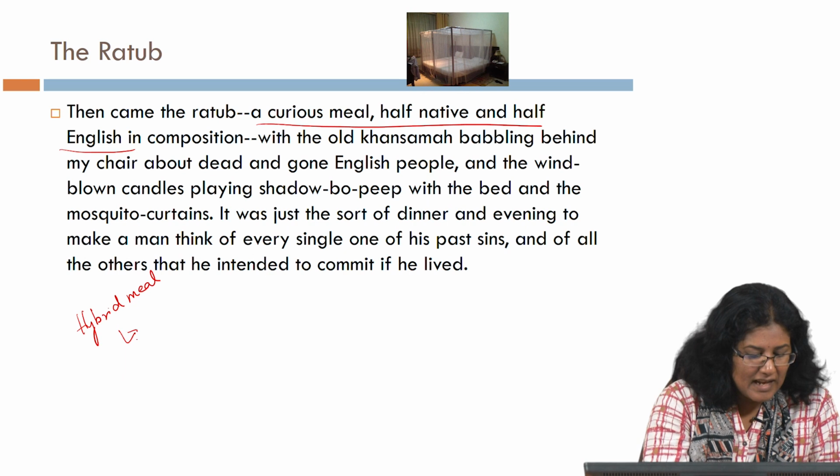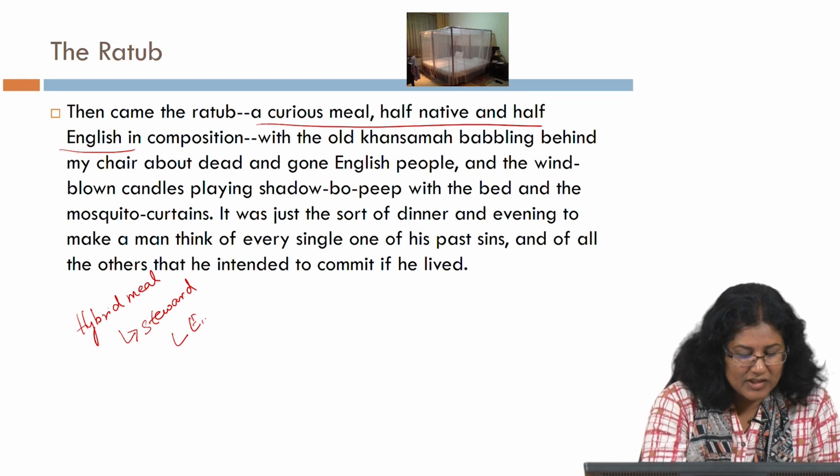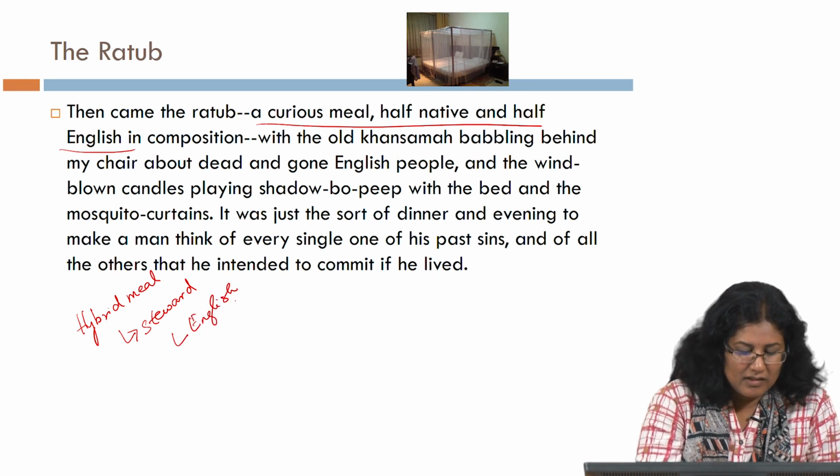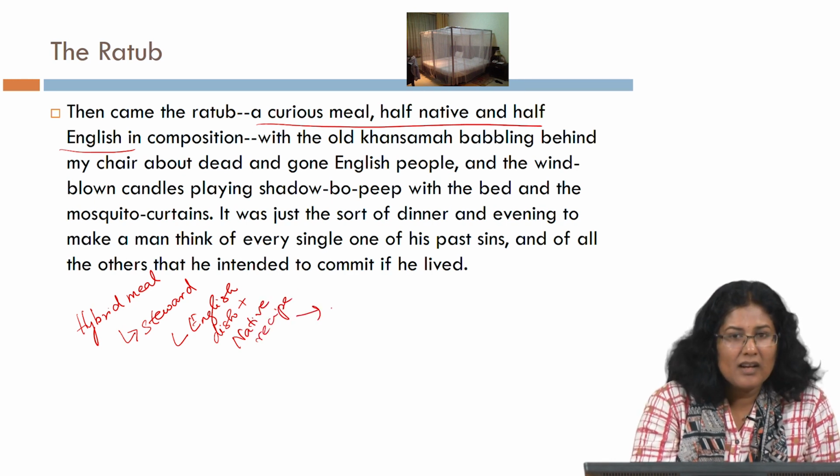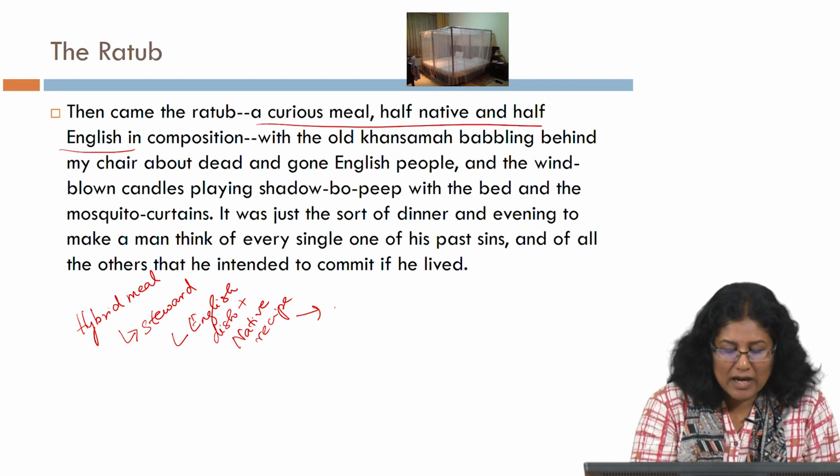And you can see how this ancient steward is able to absorb the English dish and combine it with the native recipe in order to produce a kind of compound meal.